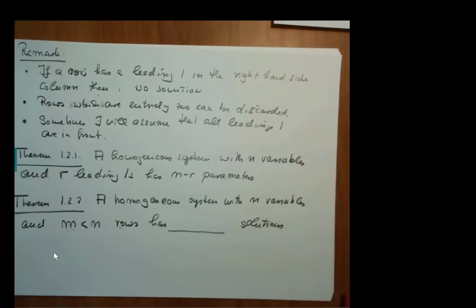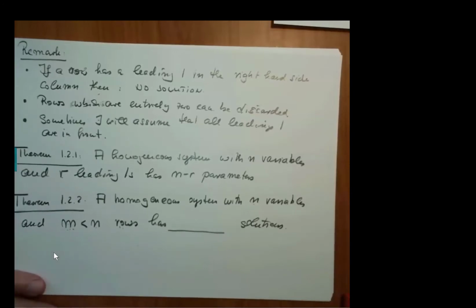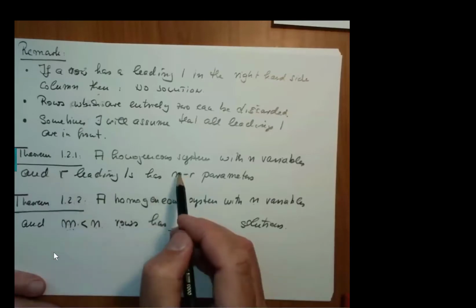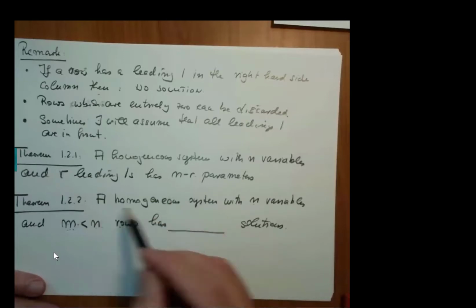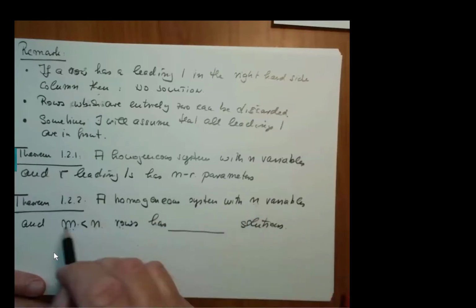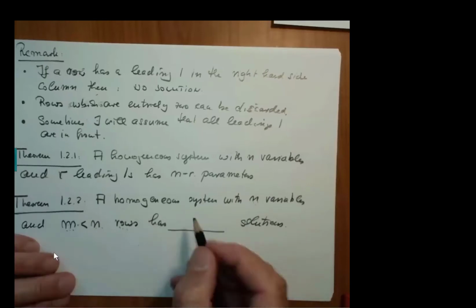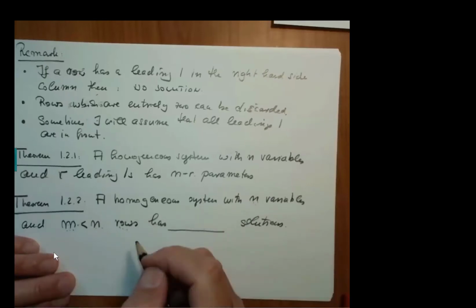Think about how many leading ones there can be at most. There can only be 2 leading ones at most, maybe only one. So that means r is guaranteed smaller than n, so n minus r is positive. So if you have a homogeneous system with n variables and m rows, it has guaranteed at least one parameter.